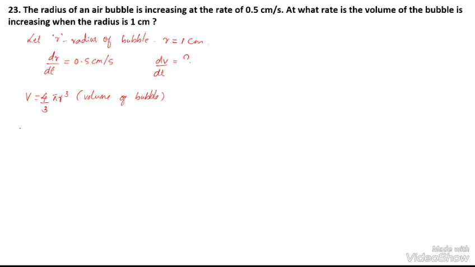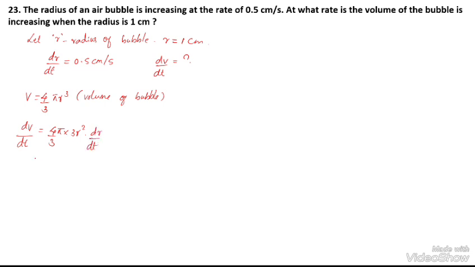Now differentiate V, sorry, we want to differentiate with respect to time t. 4 by 3 is a constant and pi is also constant. The derivative of r cube with respect to t is 3 r square dr by dt.